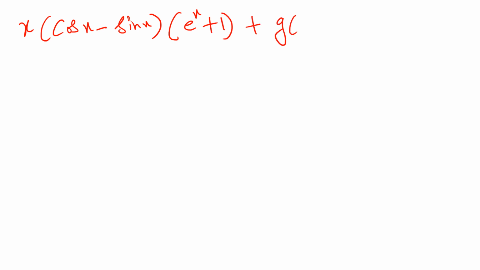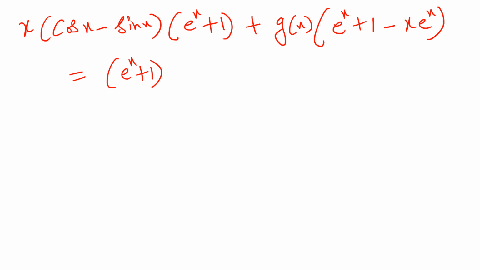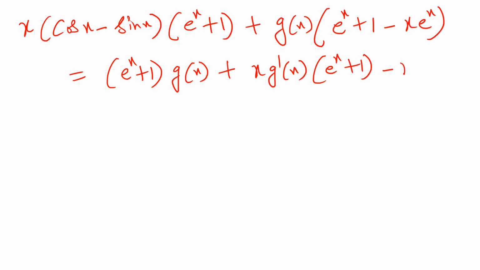So you will be getting x into (cos x minus sin x) into (e^x plus 1) plus g of x into (e^x plus 1 minus x e^x) equal to (e^x plus 1) into g(x) plus x into g dash x into (e^x plus 1) minus x into e^x into g of x.